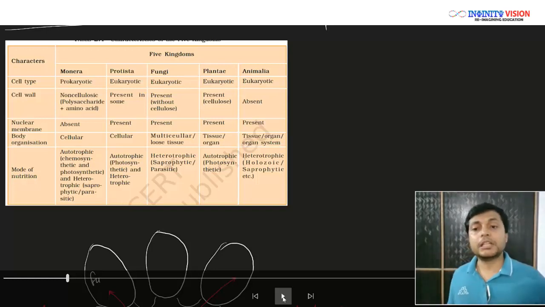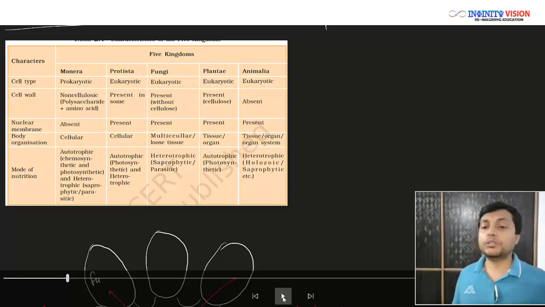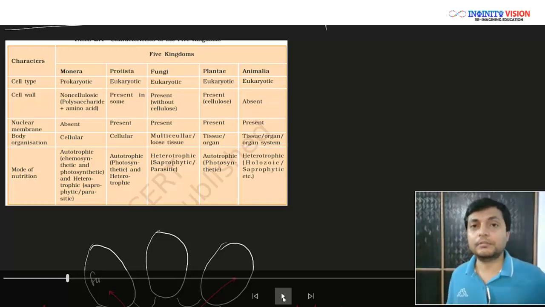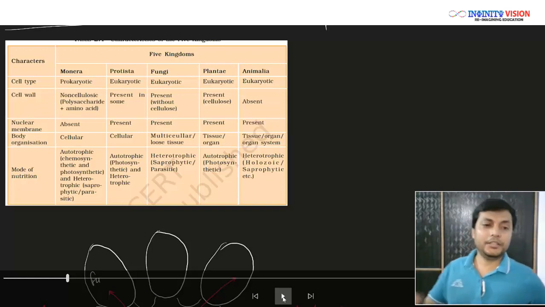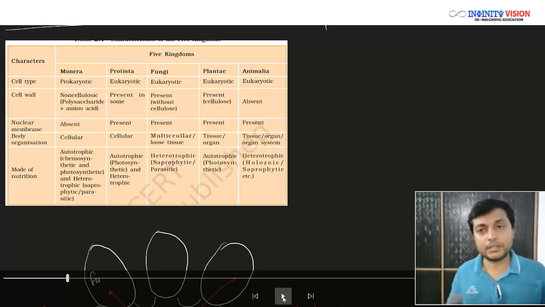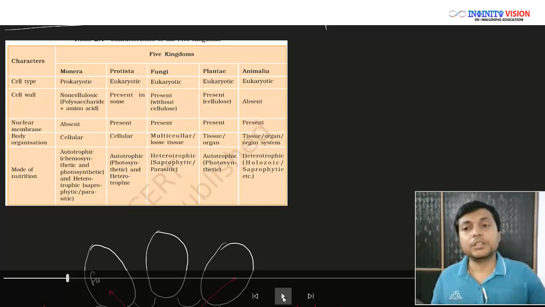Why? Because in autotrophic nutrition they can only show photosynthetic. They do not have chemoautotrophic. This we will talk in detail later, when we are going to discuss each and every kingdom.